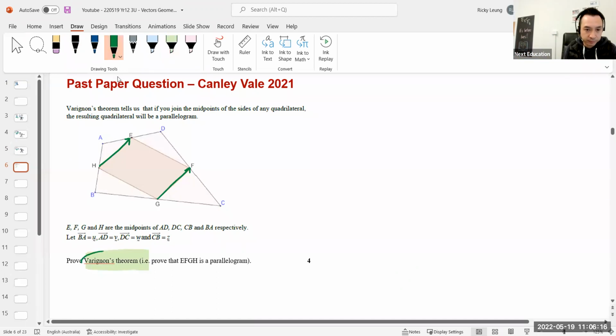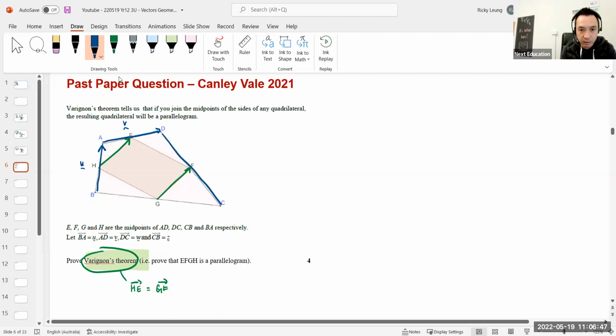To prove this theorem, I'm essentially proving that HE equals GF. This is a different question, nothing to do with right angles, so we don't need that dot product thing. Instead, I need this. So let's look at what the question's giving me. It's telling me BA, that guy there, has a vector of u. AD has a vector of v.